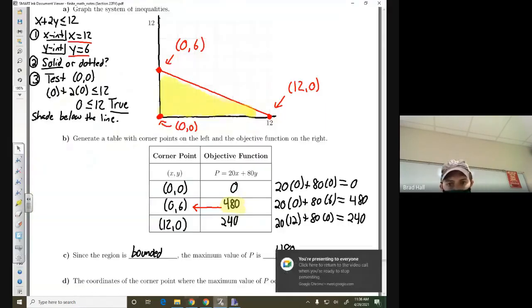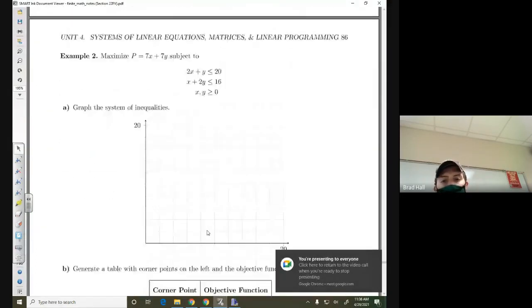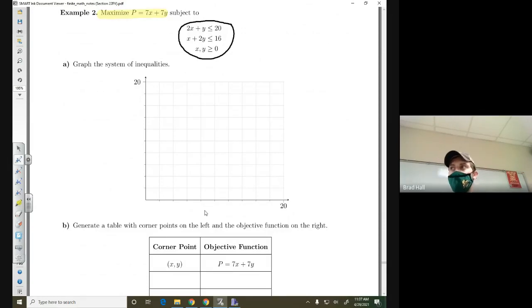Now let's go to example 2, which is almost the same exact problem, but we added an additional inequality. They gave us another equation to maximize, which we're going to ignore for now. Mainly we're going to focus on these inequalities down here and graph them.